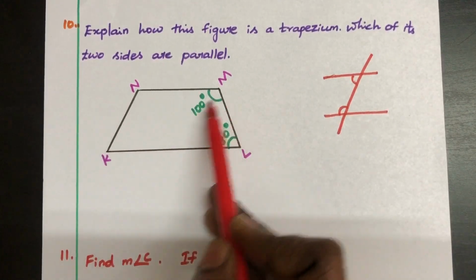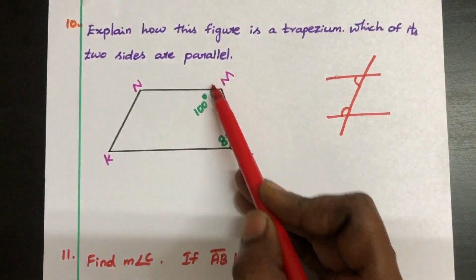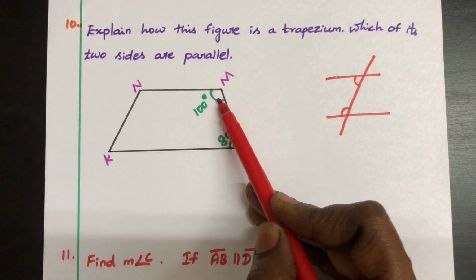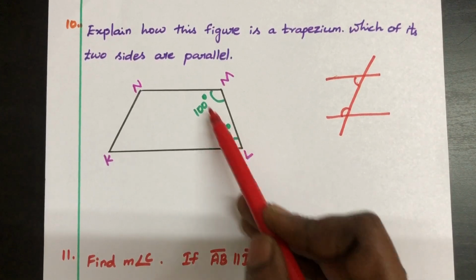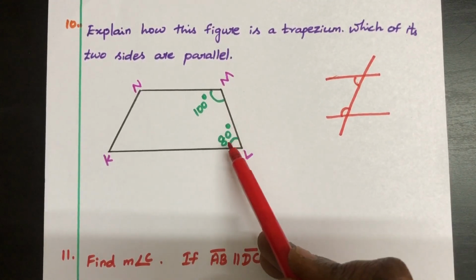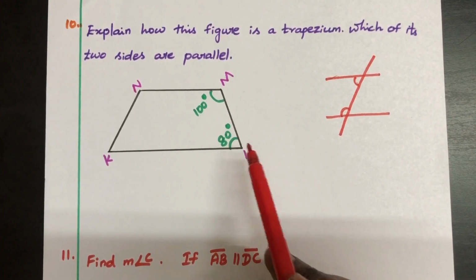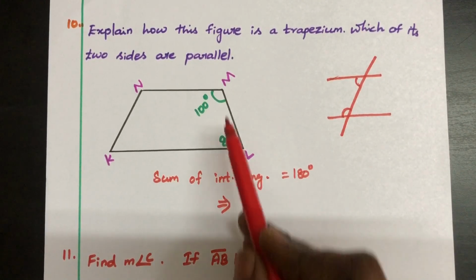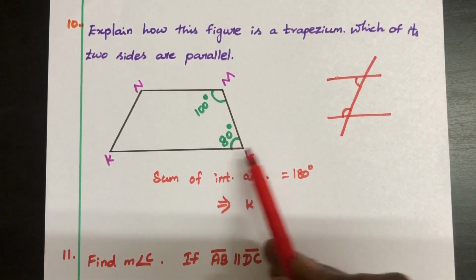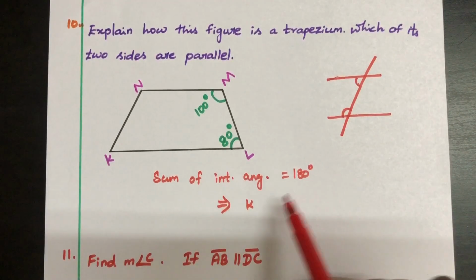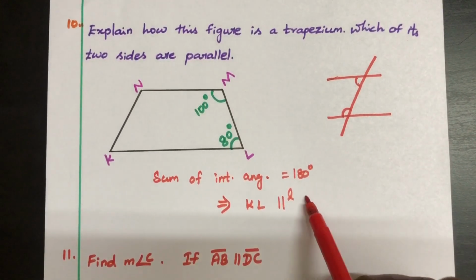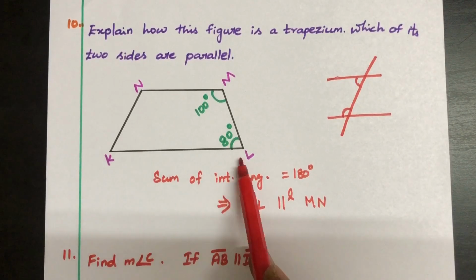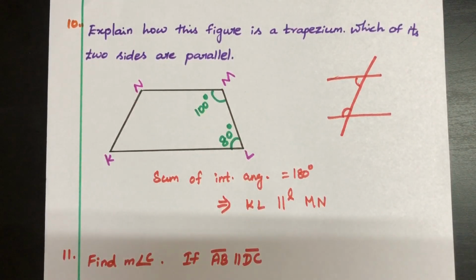So, consider these two are parallel lines and this is the transversal line. The interior angles formed are supplementary because 100 plus 80 is 180 degree, right? Sum of interior angles is equal to 180 degree, these two angles. So, what is this line? This line KL is parallel to MN. So, KLMN is a trapezium.